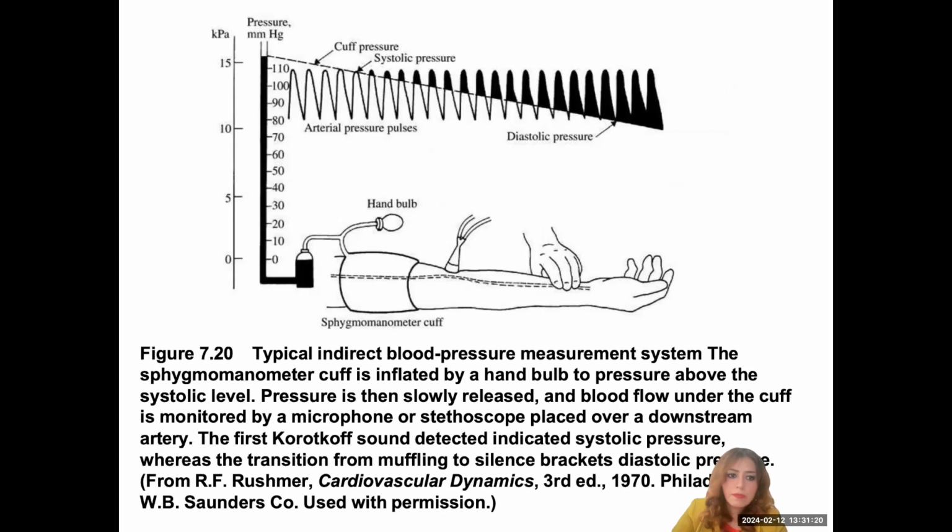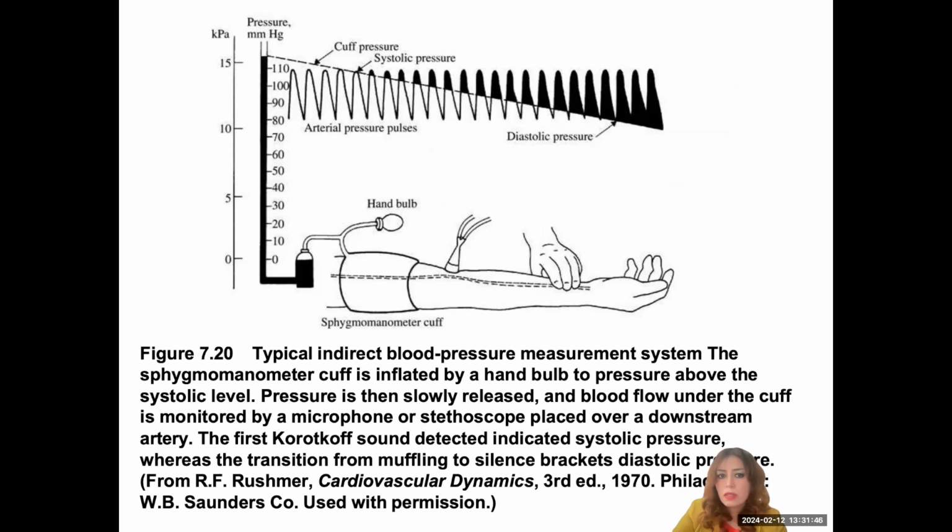Another explanation for the same thing. Look at this figure, please: cuff pressure, systolic pressure, arterial blood pressure pulses, diastolic pressure. So in this typical indirect blood pressure measurement system, the sphygmomanometer cuff is inflated by a hand bulb to a pressure above the systolic level.